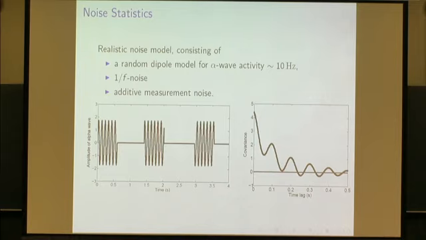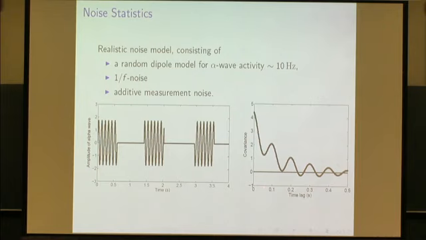So you have this random dipole model with random excitation. You have the typical 1 over f noise in the brain, so that's included in the noise model. And then we have also added the measurement noise in our noise model. Here is a covariance matrix based on calculations from simulations using this POMAM model. This is the autocovariance function of the signal, and it looks like this.